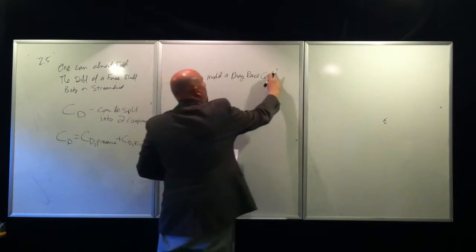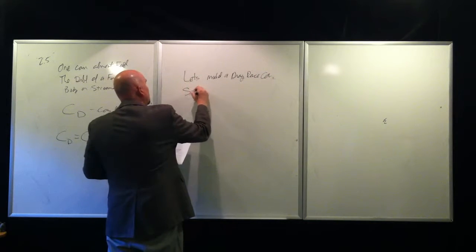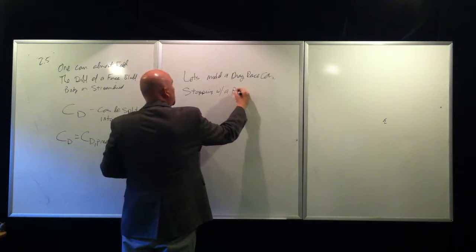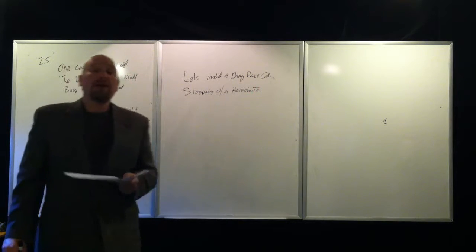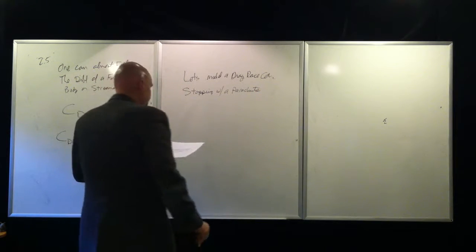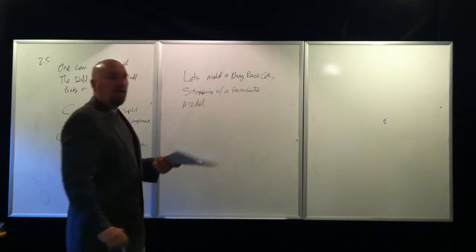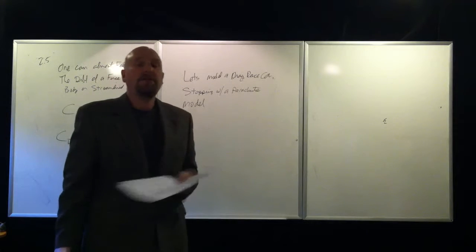We're going to model a drag race car that is going to stop utilizing a parachute. So when the car is going, it wants to have the smallest amount of friction possible so it can accelerate.